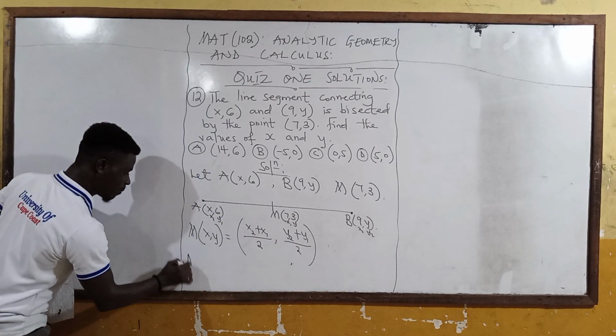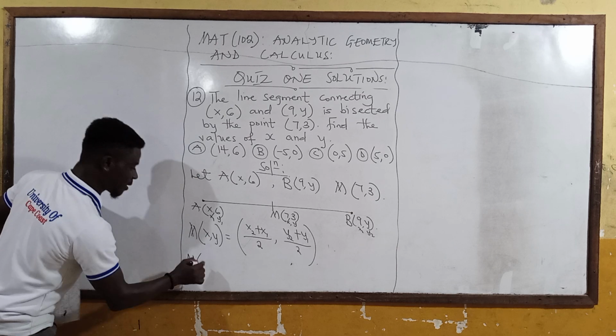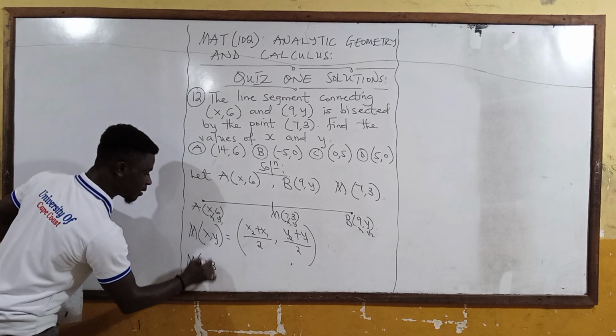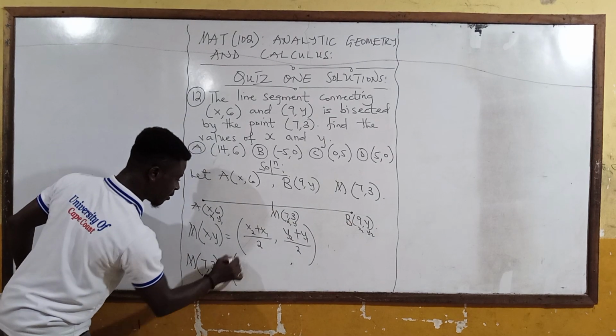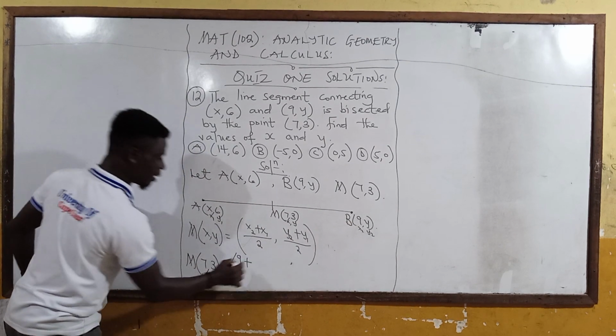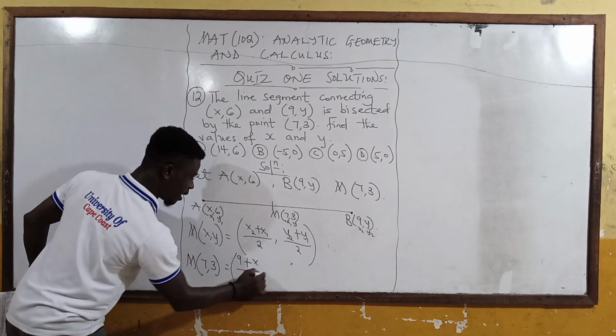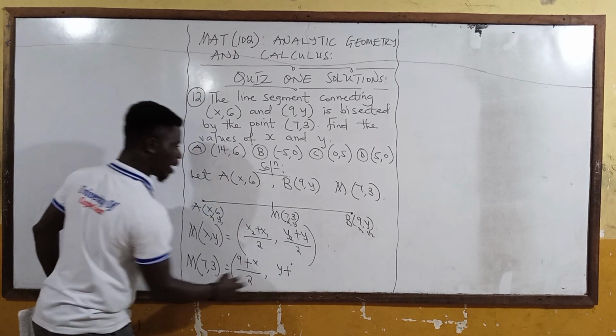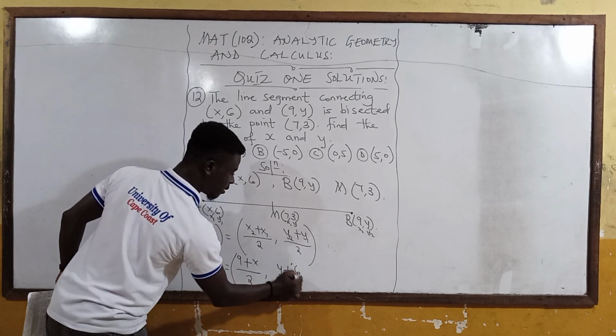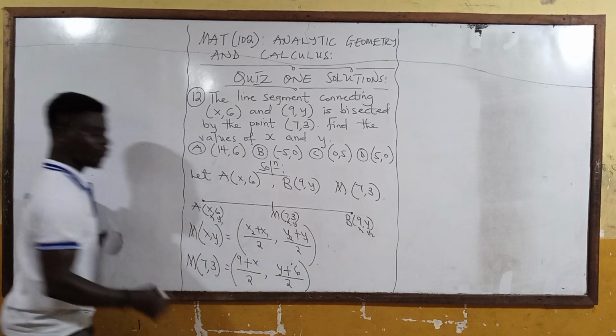So I have the midpoint, which is x is 7, then y is 3, which must be equal to x2, which is 9, plus x1, which is x, divided by 2, then y2, which is y, plus y1, which is 6, divided by 2.